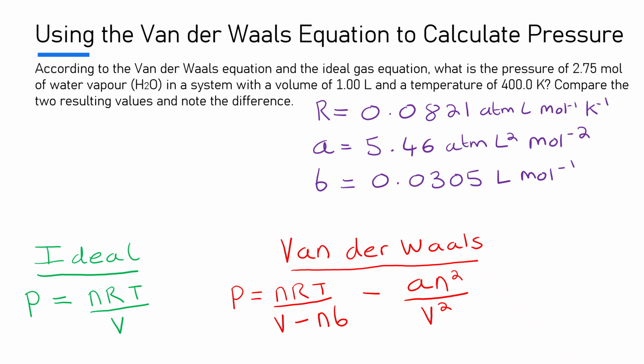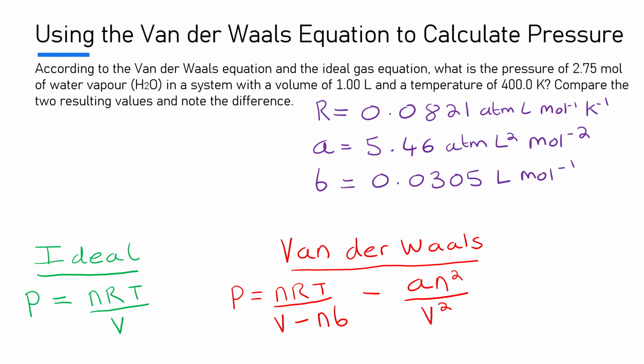The next thing we need to do is rearrange our equations to make pressure the subject. Now, we have seen the rearranged version of the ideal gas equation where pressure is the subject before. Pressure equals the amount in moles multiplied by the ideal gas constant and multiplied by the temperature divided by the volume of the system. The van der Waals equation still looks fiddly.